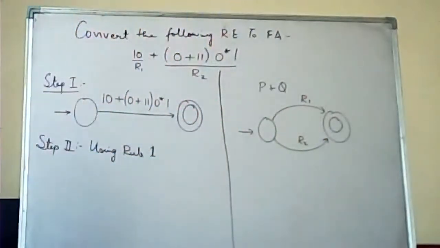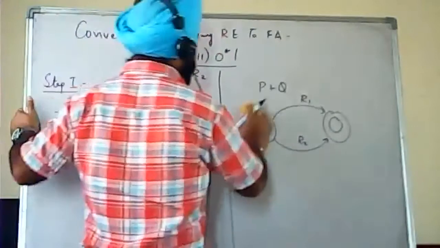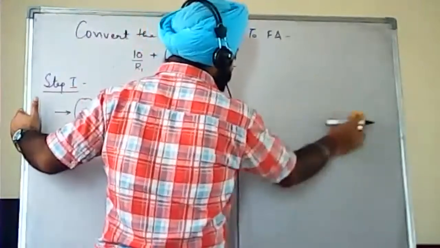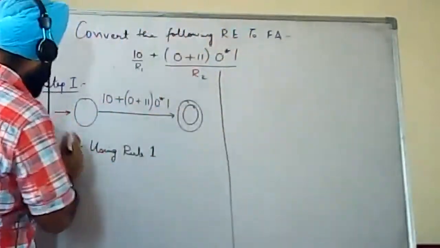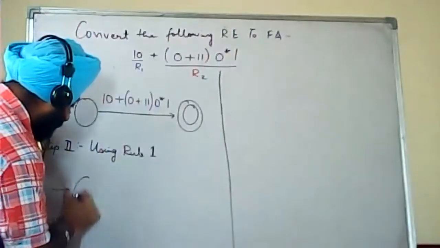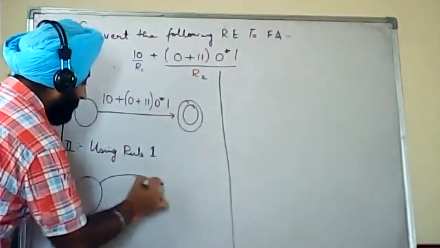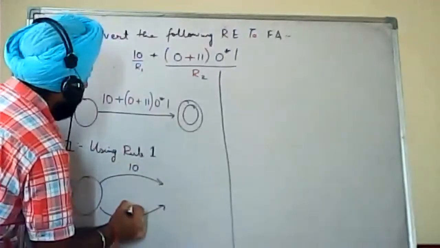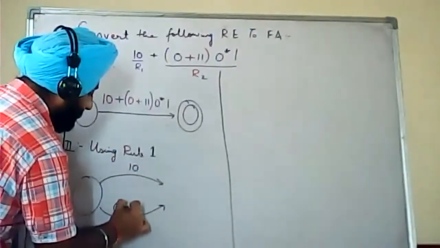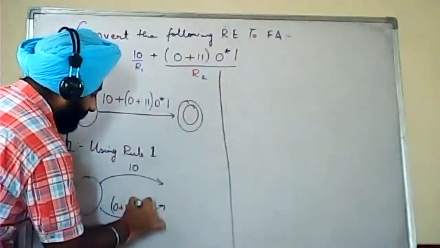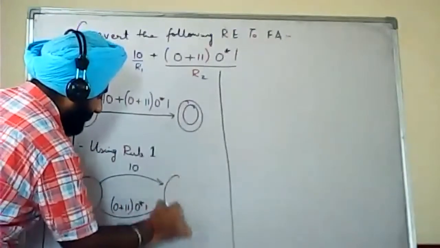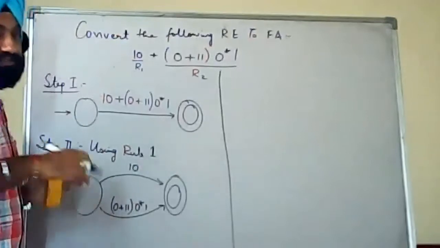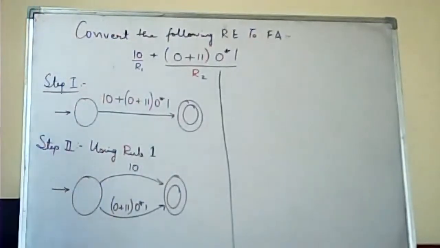Now I am going to apply this rule in step number 2. So your diagram will look like 1 0, and the remaining expression will be written like this. This is your final state. So this is your step number 2.